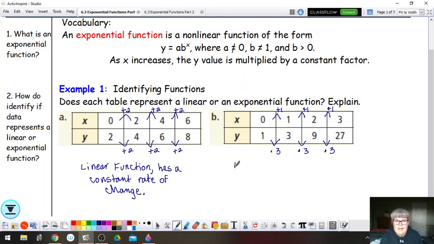So this is an exponential function, because we have a constant multiplier.